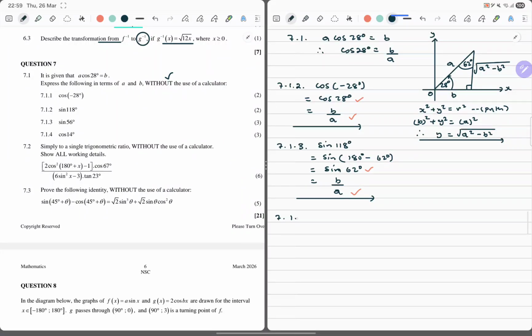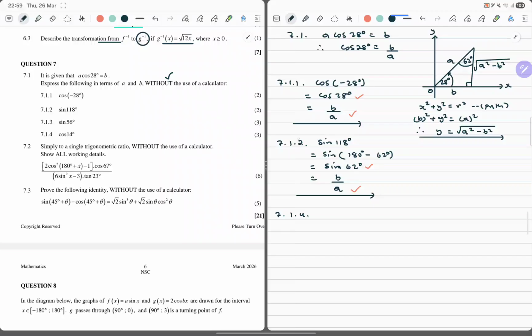So we've got 7.1.4. Oopsie, incorrect labeling. So be careful, guys, don't get caught pants down. Doing all the right things, but incorrect labeling can catch you. So we've got sine 56 degrees.